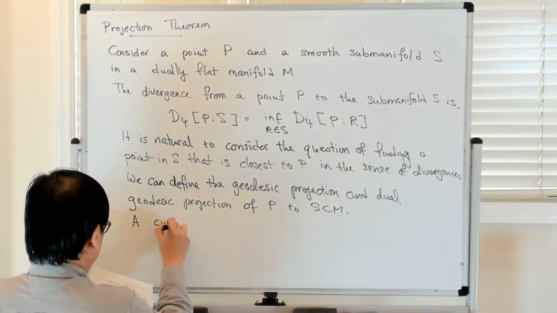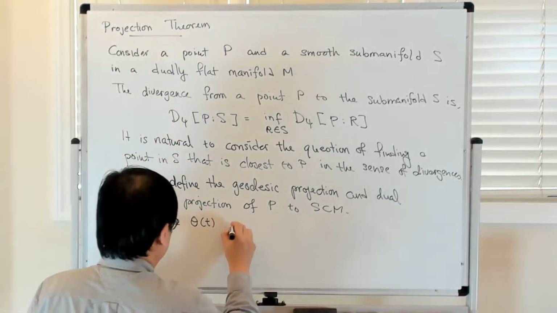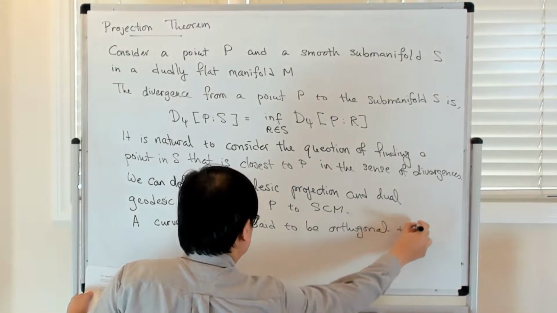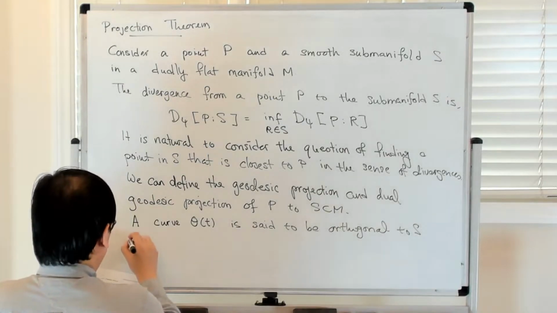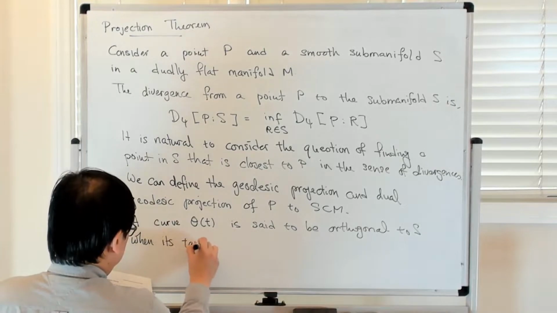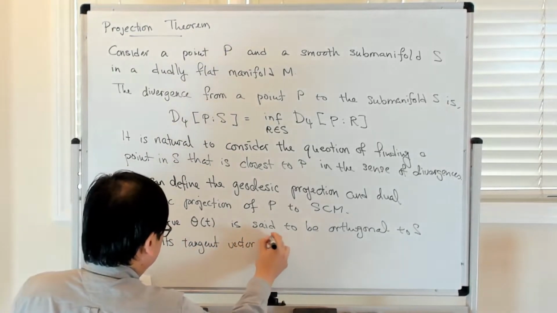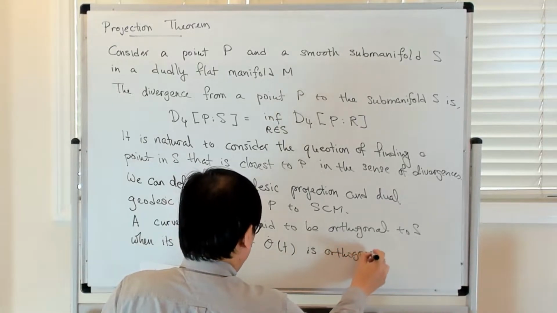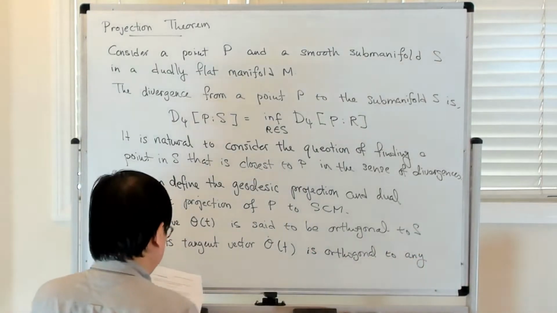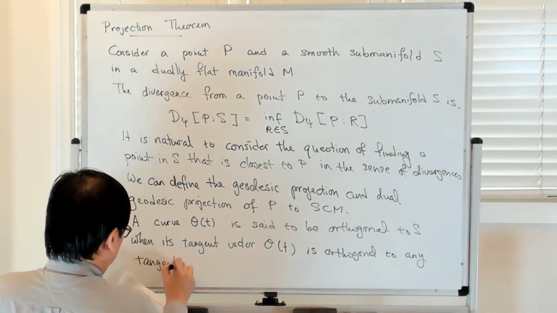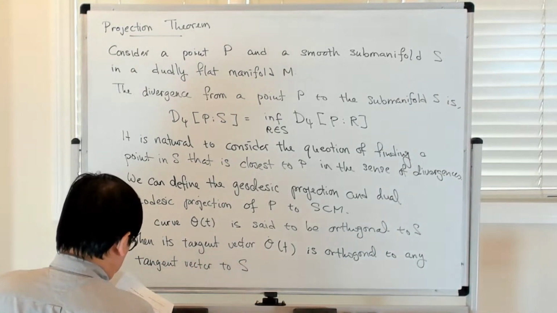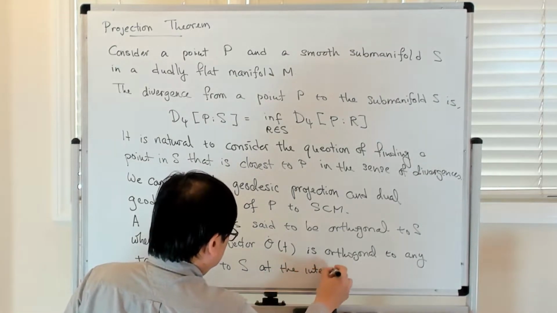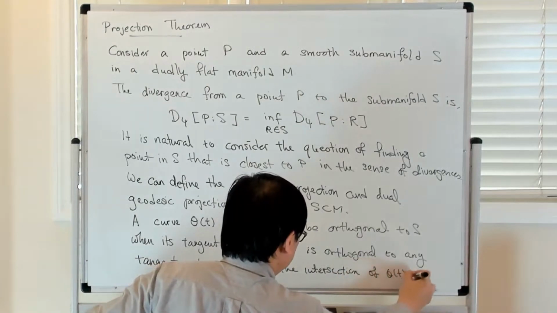Then the curve theta of T, right, is said to be orthogonal to S when its tangent vector, which is just theta dot of T, is orthogonal to any tangent vector to S, right, at any intersection point. At the intersection of theta T with S, right?